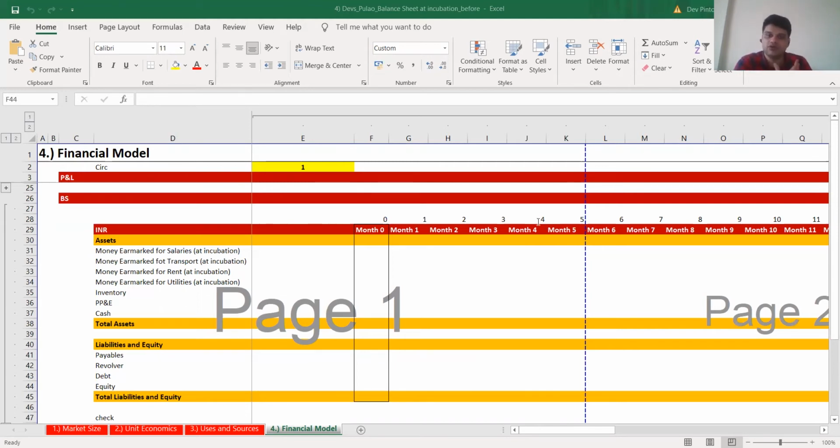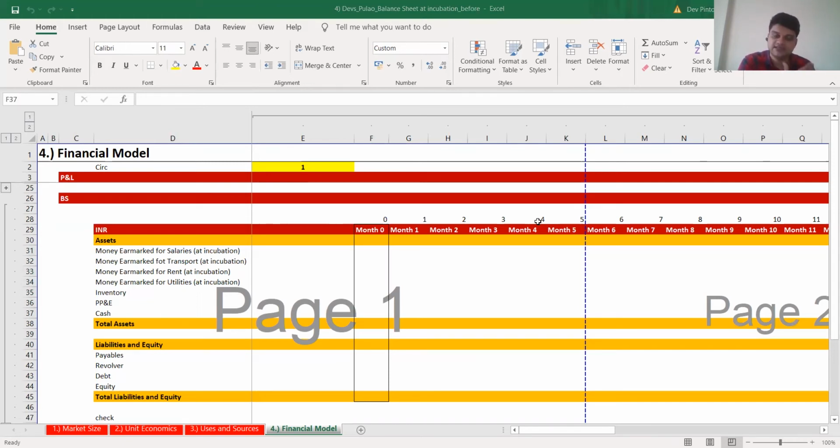So a very important thing to remember is that at any given point in time, your balance sheet must balance. So what does this mean? It basically means total assets have to be equal to total liabilities and equity, which basically means the sum of these four figures have to be equal to the sum of these 7, 8 figures, right?